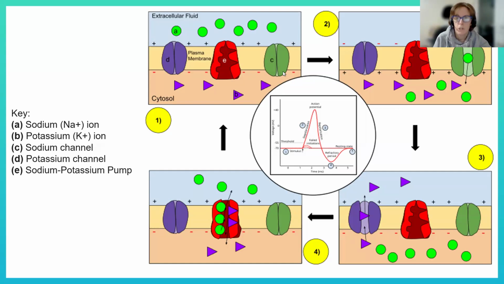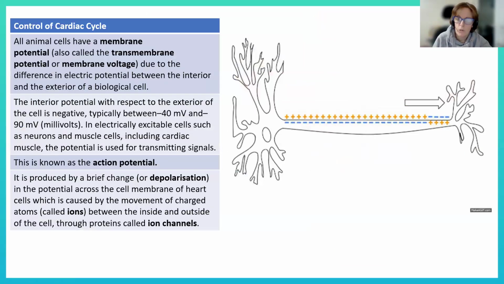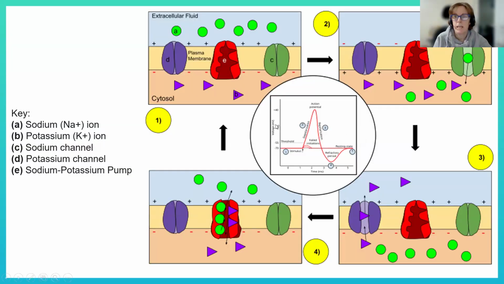And what these channels do is they take sodium across. So they're taking positive ions across, as you can see here on this neuron. So the positive ions are moving across the cell membrane into the cell. So that's what's happening here.